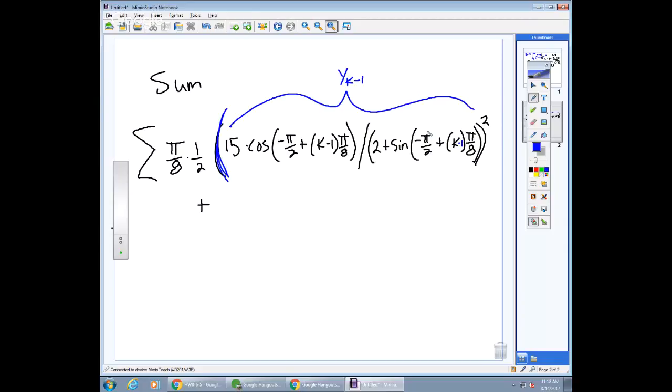So I'm still in this parenthesis right here, and then I'm adding on the next one, which would be 15 times the cosine of my x values, which are negative pi over 2 plus some multiple.